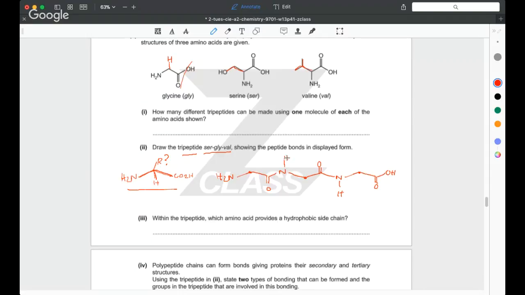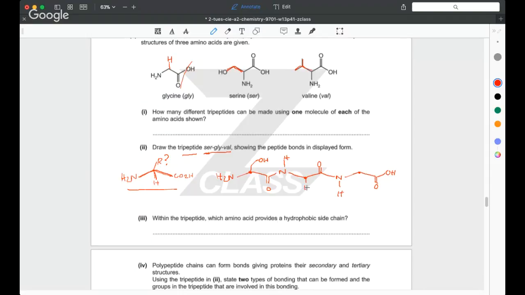Okay, now we've got our structure in place, we've got to add on our side chains at those points there. So serine, where's that up here? That had that side chain, didn't it? So that's going on there. What's the next one? Glycine, well, that just had a hydrogen atom.